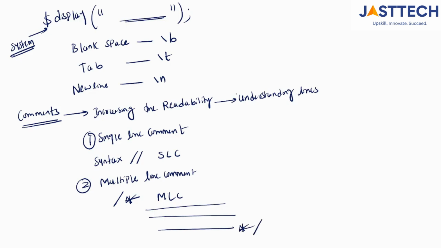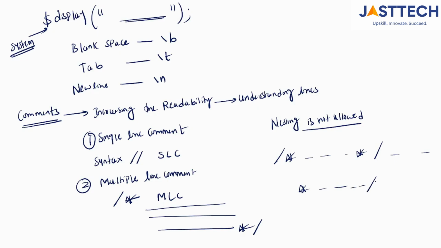Okay, and nesting is not allowed. Nesting of comments is not allowed means comments under comments. This is a comment, one more comment, again within this one more comment. Nesting of comments is not allowed. Compiler will not take.